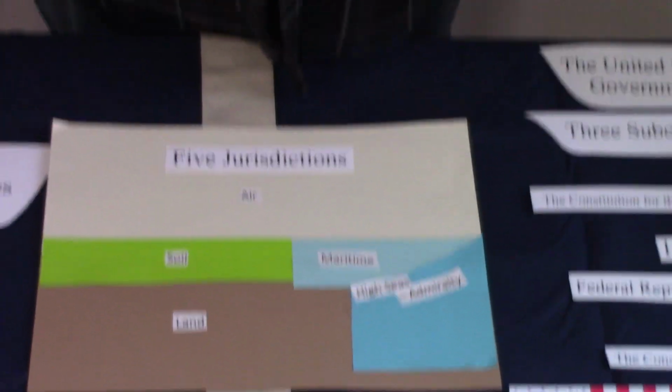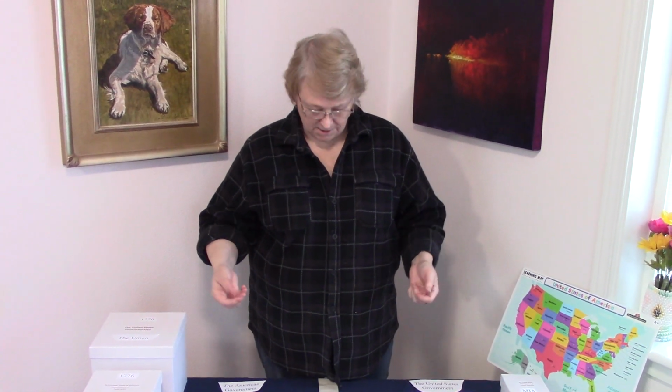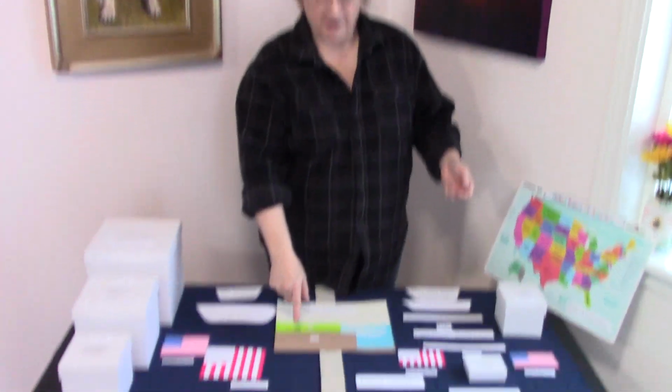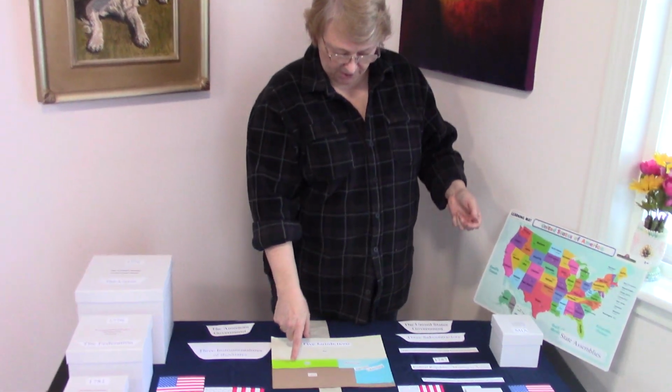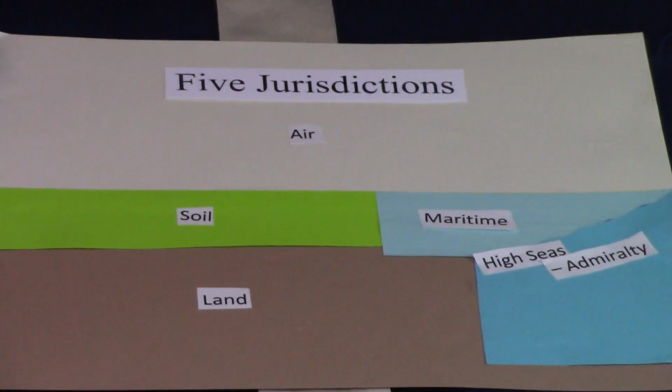The air exists overall, and the land underpins or supports everything from underneath, even if it's under the sea, right? So the two primary jurisdictions are air and land for that reason, and then the soil and the maritime jurisdiction butt up against everything.